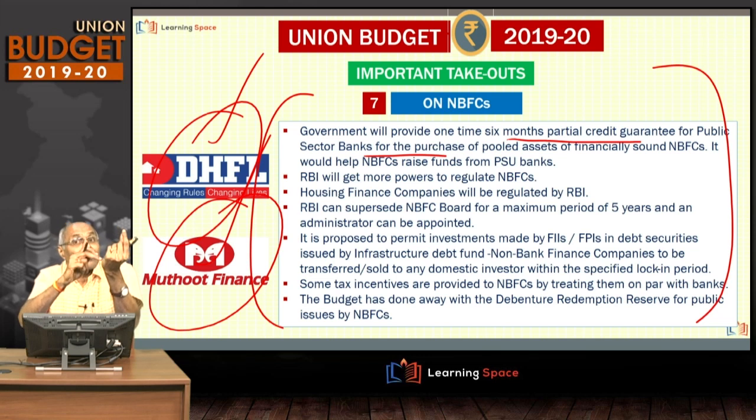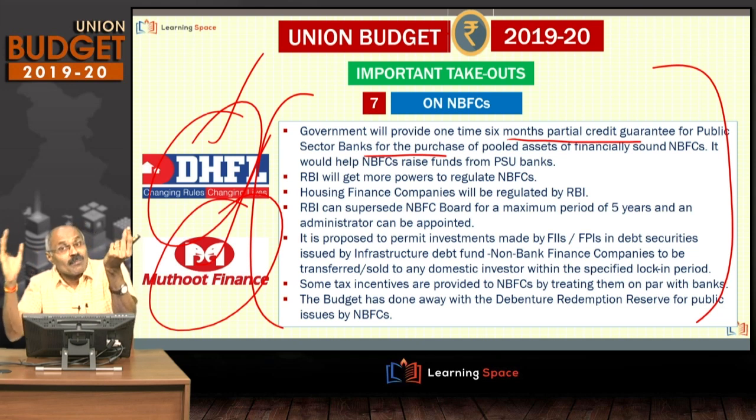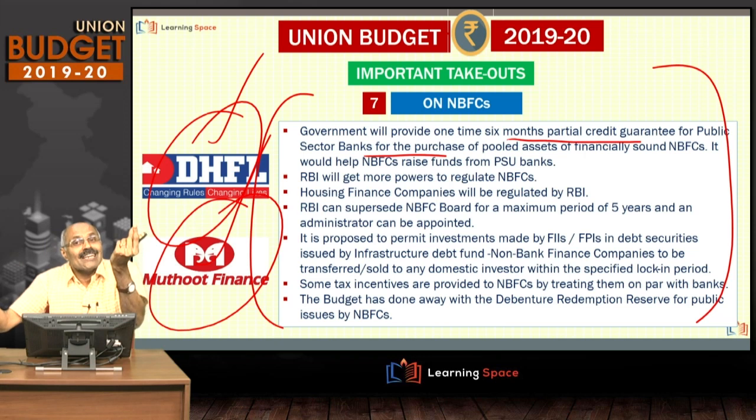If you are making losses because of that, we will support you. And because of that, what happens? Banks will take over assets from NBFCs, and because of that, NBFCs will get some money. That is liquidity. They are suffering because of liquidity. Right, friends? This is the first step taken.